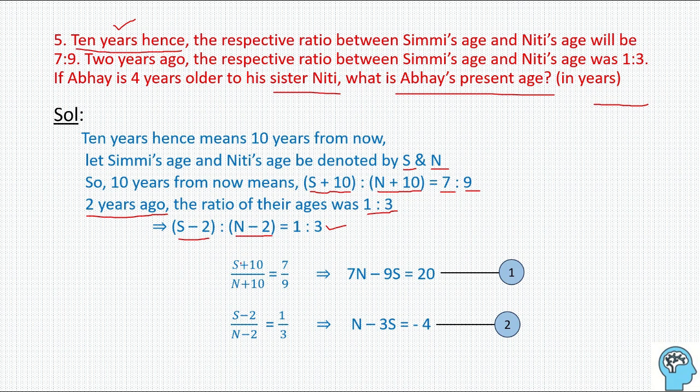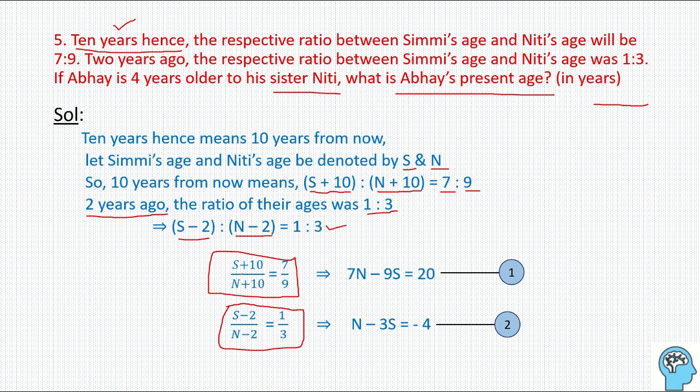So (S plus 10) divided by (N plus 10) is 7 by 9, and (S minus 2) by (N minus 2) is given as 1 by 3. 1:3 is 1 by 3.